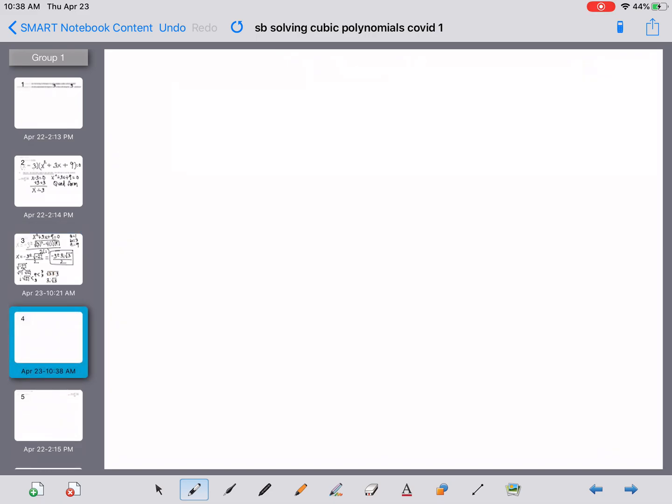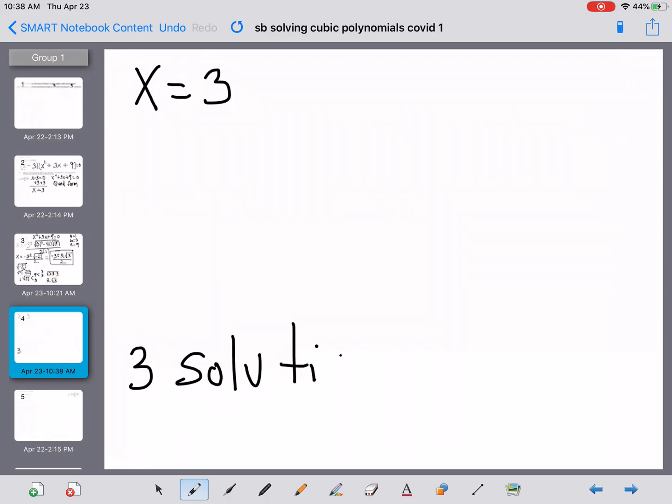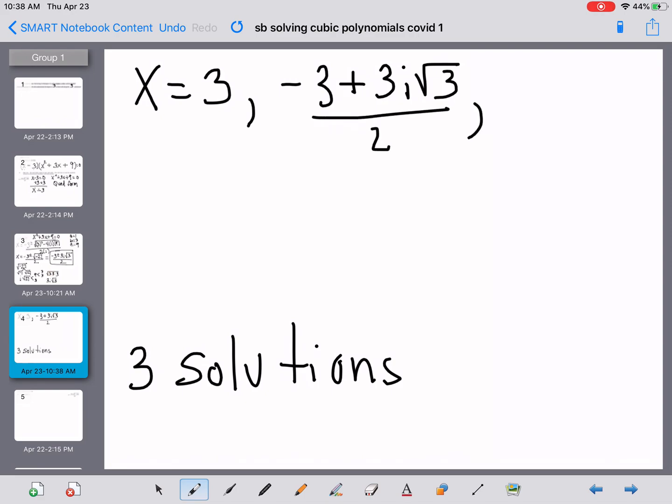If you remember, what we ended up with, first of all, is x equals 3. And then if you're a very literal person, because we're supposed to have 3 solutions to this problem, the other two solutions are negative 3 plus 3i square root of 3 over 2 and negative 3 minus 3i square root of 3 over 2.